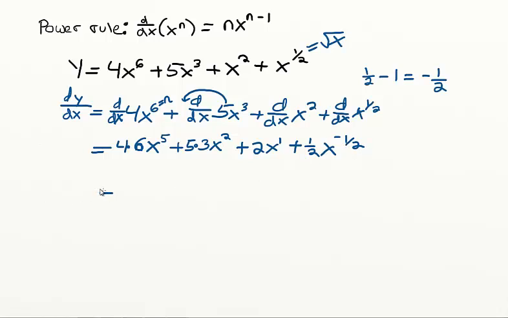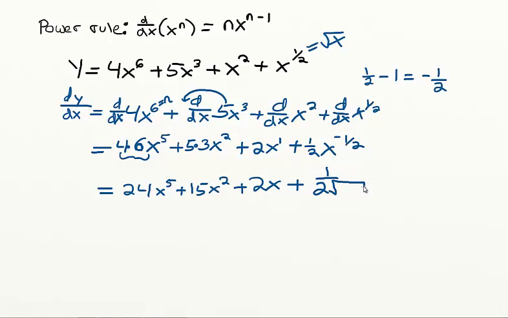So now all together we get 4 times 6, that's 24, x to the 5th, plus 5 times 3, which is 15, x squared, then plus our 2x to the 1, which is just 2x, and then we can write this as 1/2 x to the 1/2, which is actually the square root of x, in the denominator.